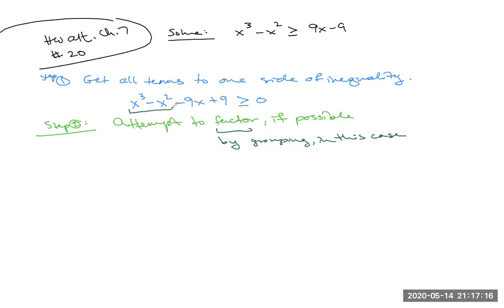So there's my first group, second group. I'm going to factor out x squared. I'm left with x minus 1. I'm going to factor out a negative 9. I'm left with x minus 1. Okay, a good way to check, distribute back, you should get this left side here.